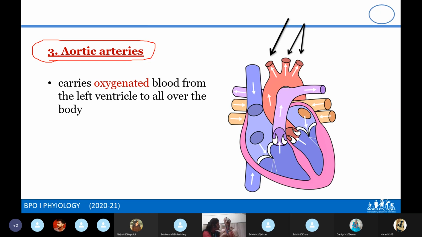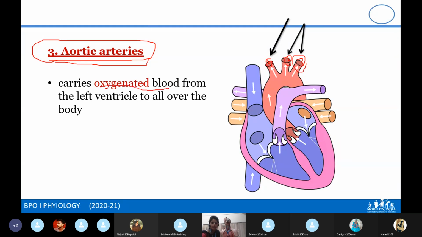That is superior vena cava. Okay, so largest artery in the human body is arch of aorta, and the largest vein in the human body is superior vena cava.